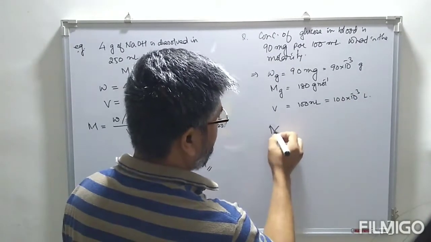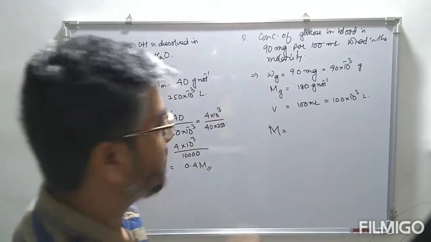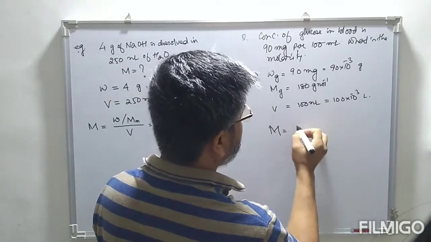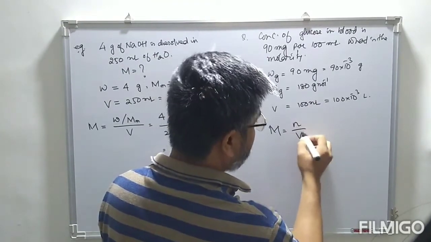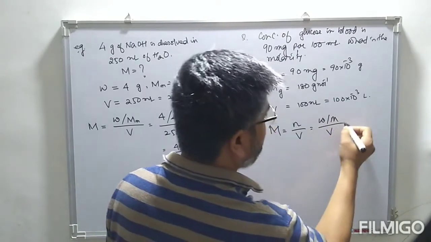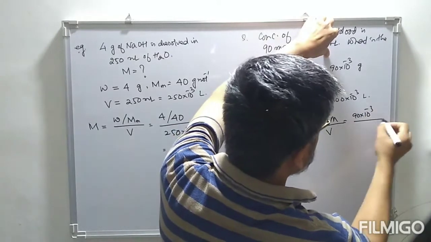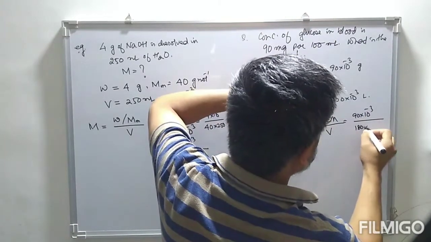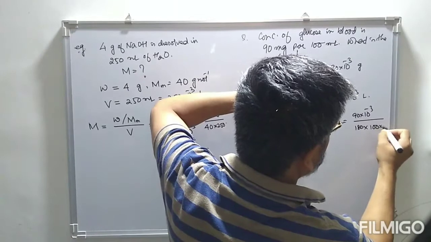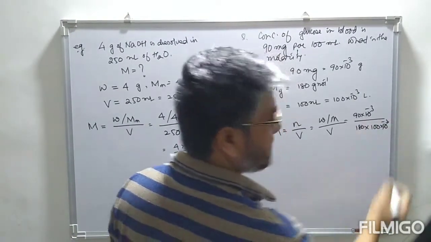So therefore, molarity of this glucose present in blood is number of moles divided by volume, that is mass divided by molar mass divided by volume. So mass is 90 into 10 power minus 3, molar mass is 180, volume is 100 into 10 to the power minus 3. So this cancels out.